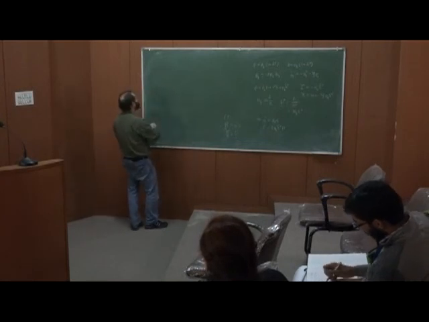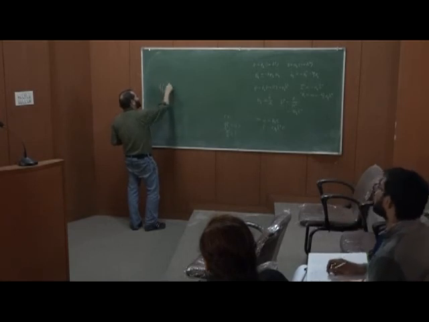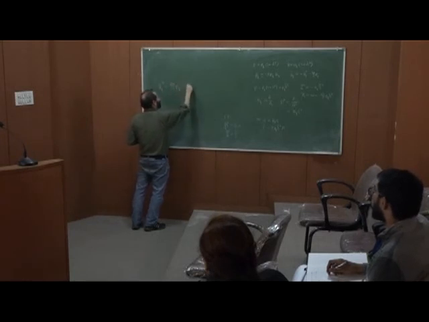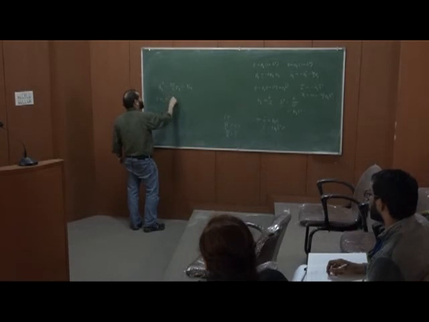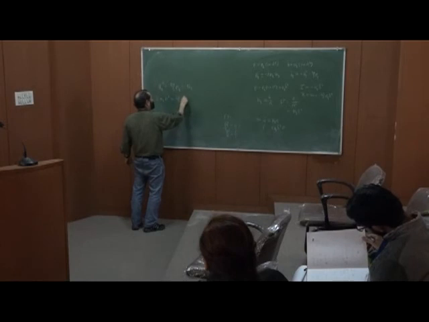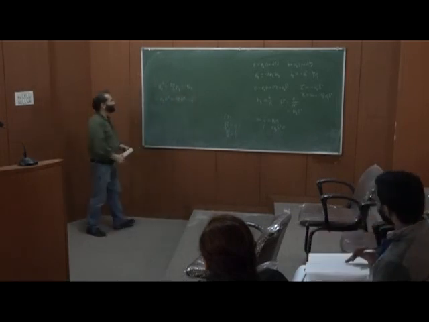Remember that we have HQ squared equals 8 pi rho Q minus the curvature term.